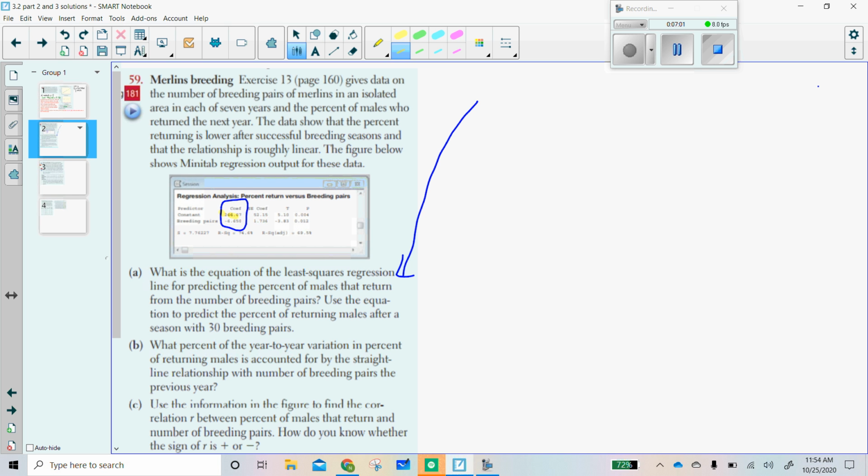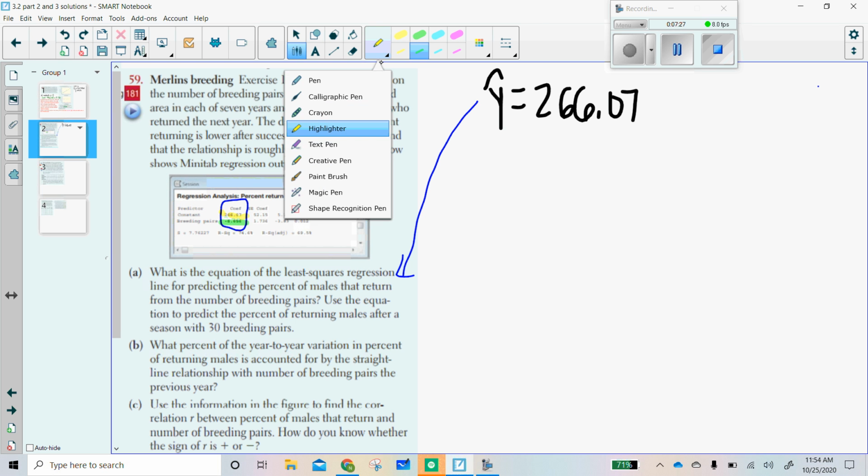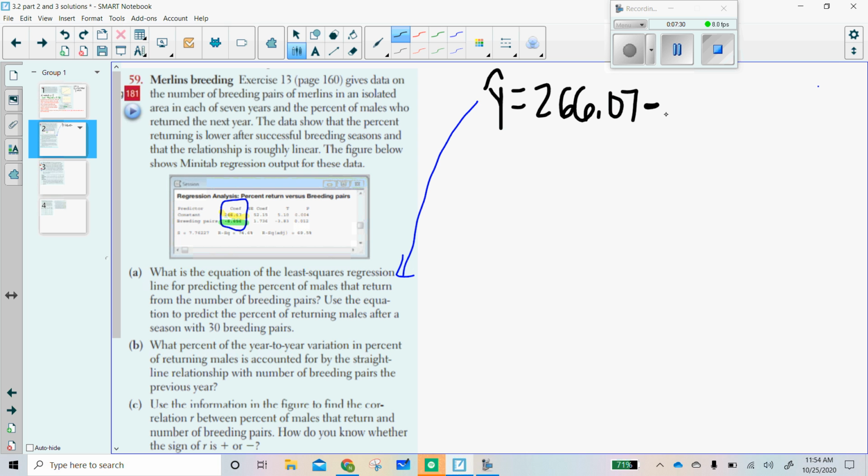This first number, the one that's next to constant, that's always the y-intercept. So I'm going to have y hat equals 266.07. That's the y-intercept. And then the number underneath it is the slope, and that is negative 6.650x.